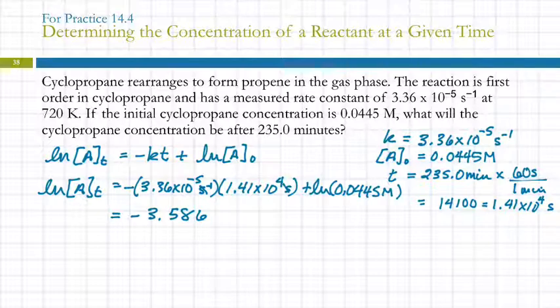So that's nice. So here, this is the natural log of the concentration. To get the concentration, we need to do the inverse log. So the concentration is equal to e to the minus 3.586, or 0.0277.